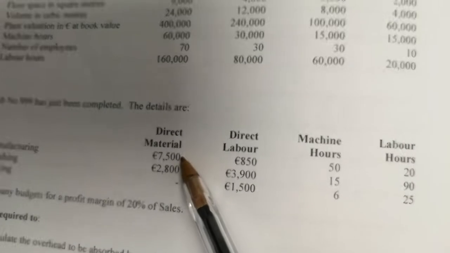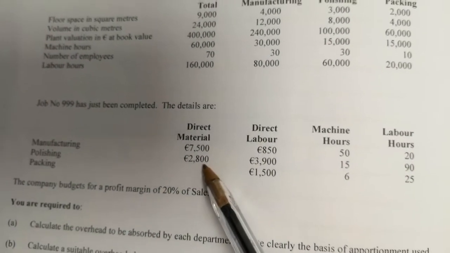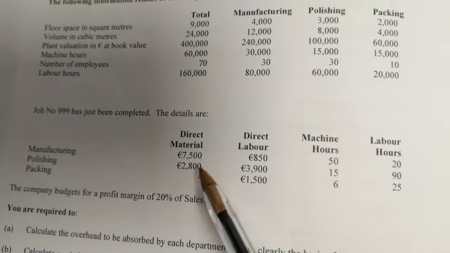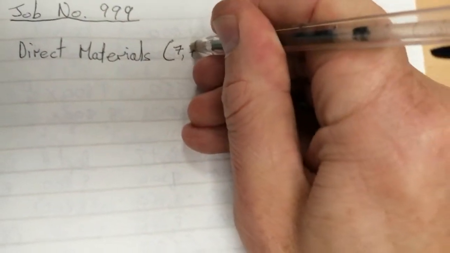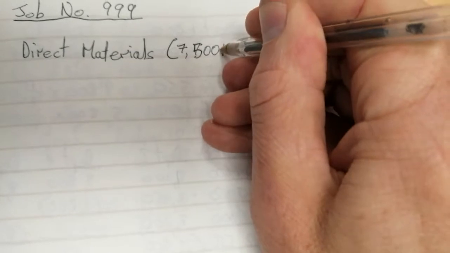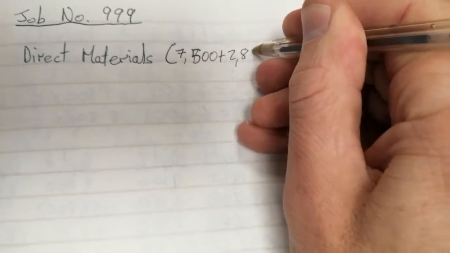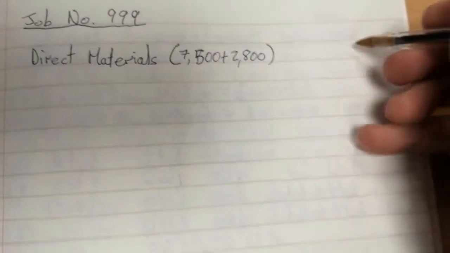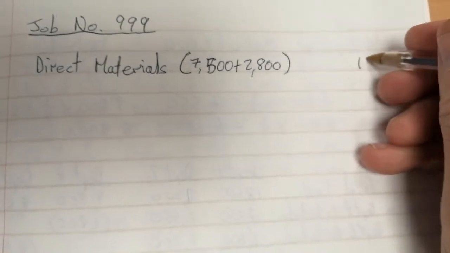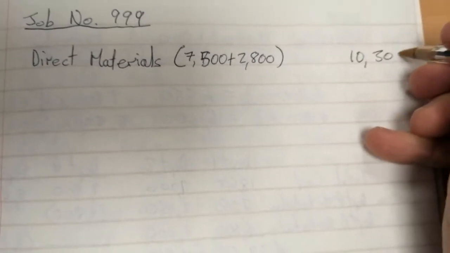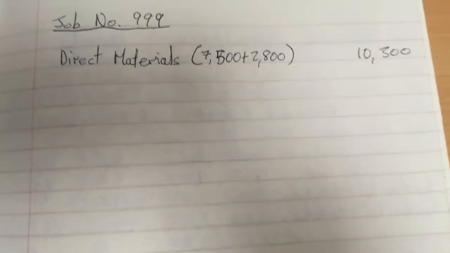We already saw that in one department they used 7,500 worth of materials, in another department they used 2,800. So we'll put both those figures here as workings, 7,500 plus 2,800. And we'll just have one column of figures down here in the end. So the two of them together is 10,300, isn't it? 10,300. Okay, that's all the materials.